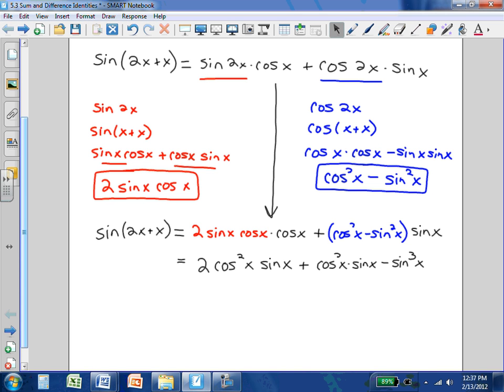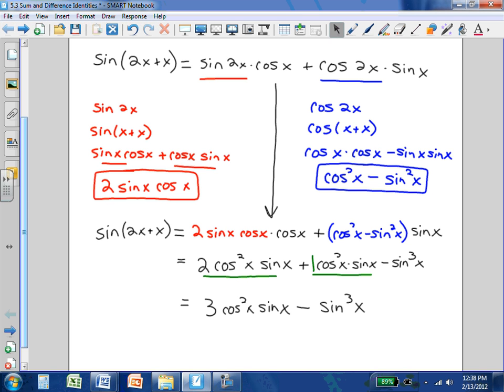And I'm also seeing that this term and this term are exactly alike, just different coefficients. So if I have 2 here and 1 there, I have a grand total of 3. So that's 3 cosine squared of x sine of x minus sine cubed of x, and that is exactly where we were supposed to be headed. So there is the sine example.